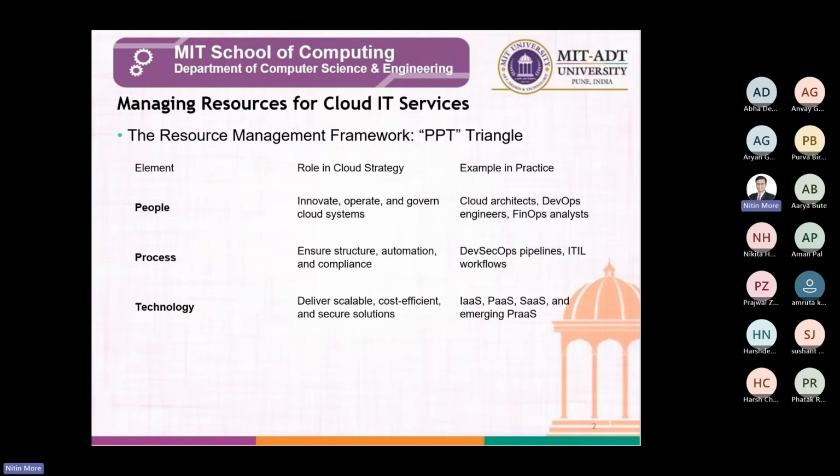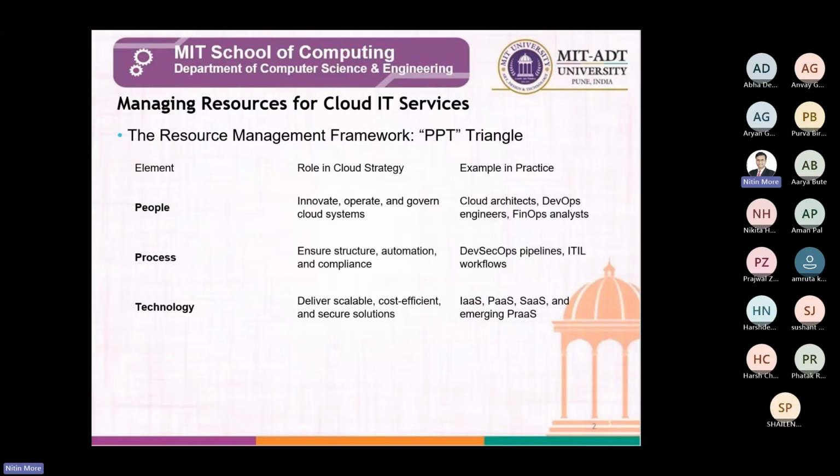So people are the decision makers, people are the operators, people are the ones who are going to innovate and come up with the latest product, latest idea, right? In cloud system.